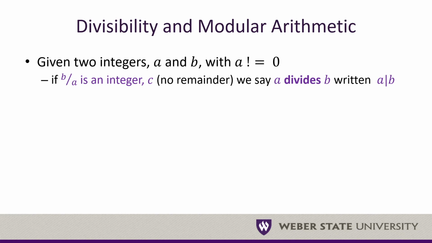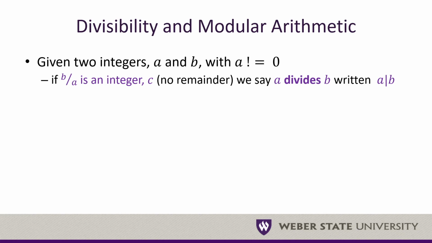Why would we say a is not equal to 0? Because b divided by a would be infinite. We wouldn't have an answer for it. So in that case, it's not really defined, but we can talk about some number dividing another number.